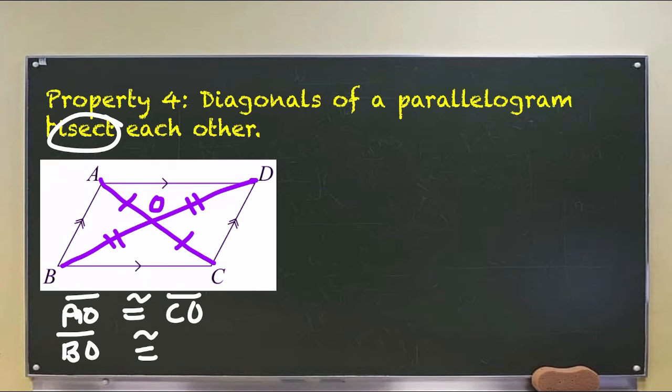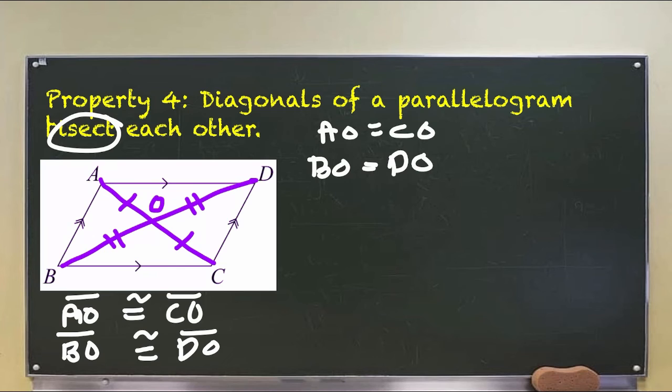Nahati nga eh. So, since kalahati nga, we say that AO is equal to CO and BO is equal to DO.